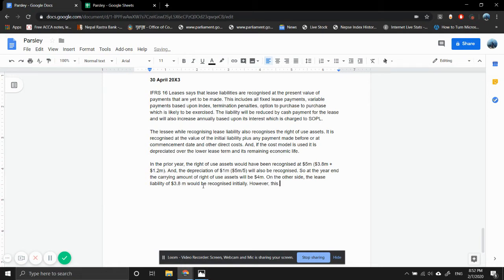However, this rises by the interest. How much will that be? 10% of that, so 0.38 million, which is basically $3.8 million into 10%, right?